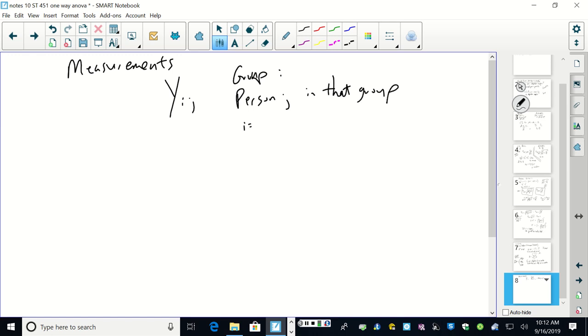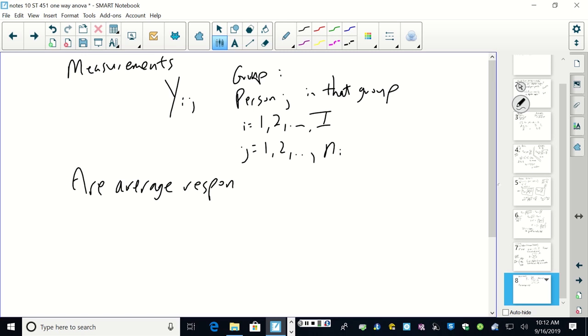The i's go 1, 2, up to our number of groups, and then the j's go 1, 2, up to our sample sizes in those groups. And we want to know, on average, are the average responses by group different?